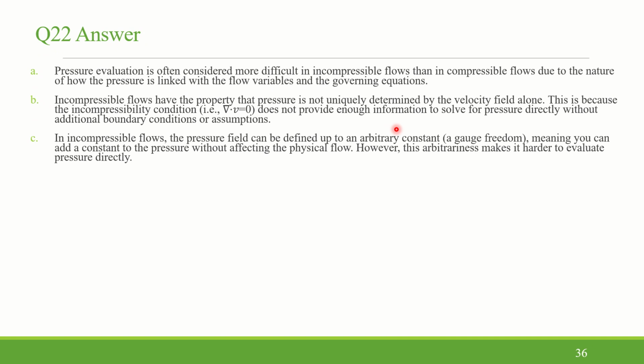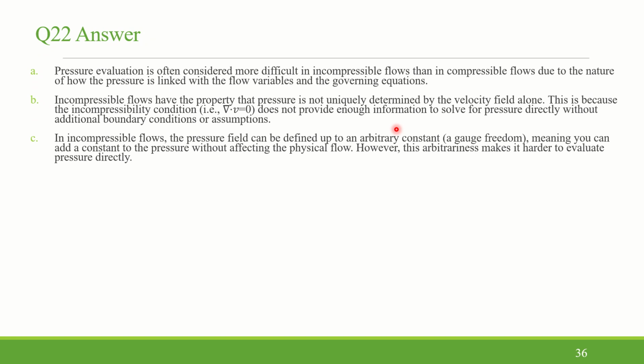So here, in incompressible flows, mostly the pressure field can be defined up to an arbitrary constant. So we are giving some arbitrary values and just adding a constant value which doesn't affect the physical flows, but this arbitrariness makes it harder to evaluate the pressure directly.